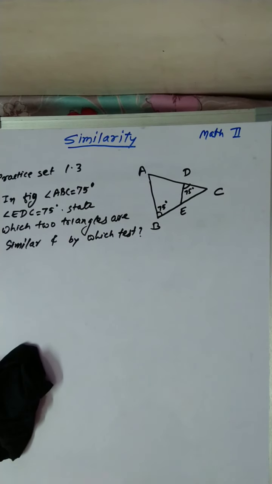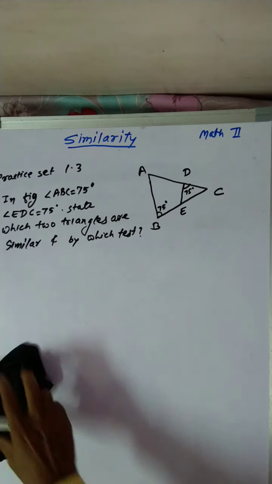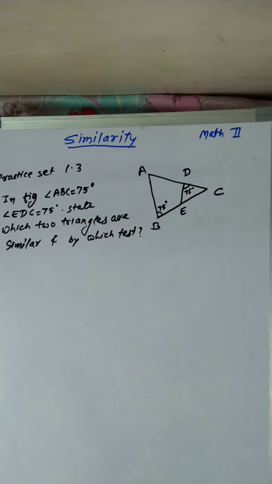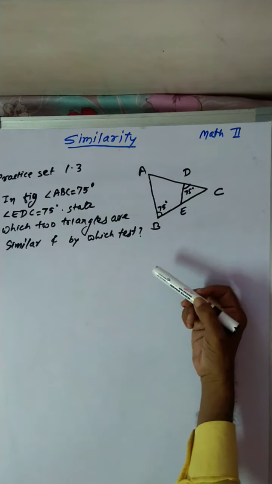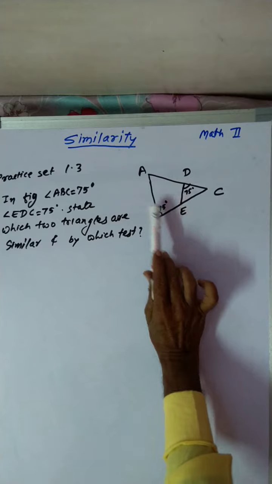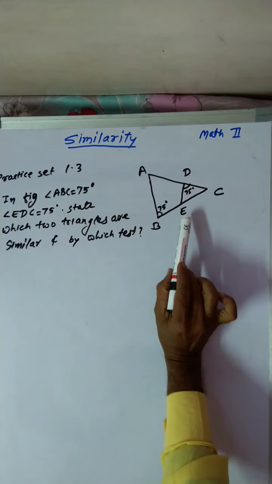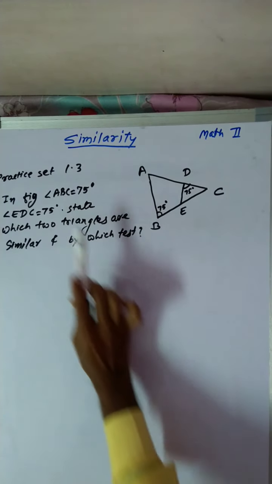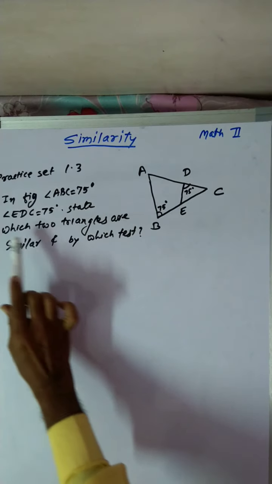Now we have an example here in practice set 1.3, the first example. In the figure, triangle ABC is given. Angle ABC is 75 degrees and angle EDC is also 75 degrees.